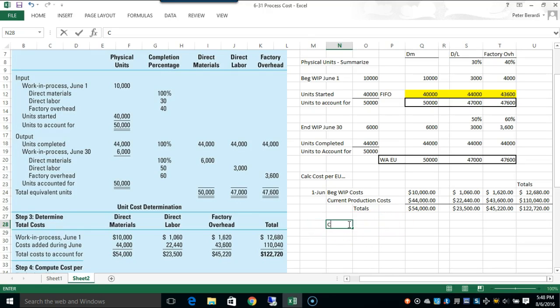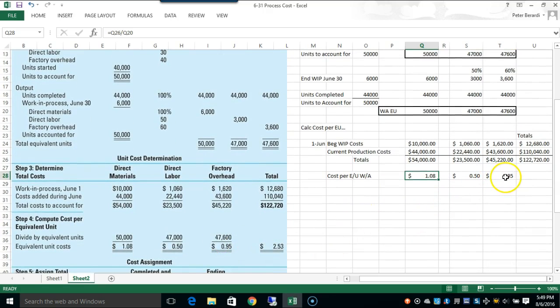So the cost per equivalent unit under weighted average is simply taking our total cost divided by our weighted average under each column. And there's your cost per equivalent unit.